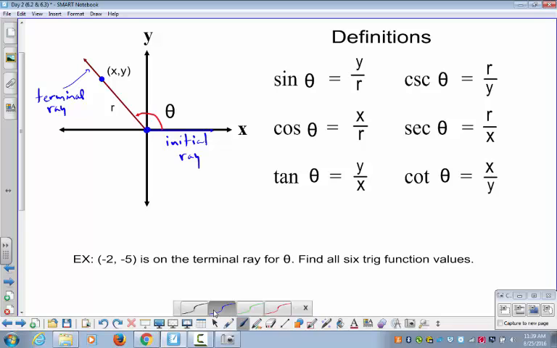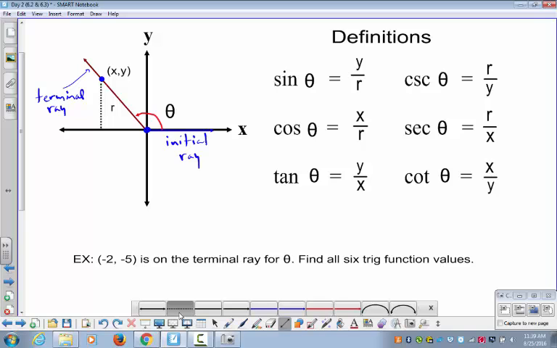So we are defining sine to be the y-coordinate divided by the radial distance. In this picture, the y-coordinate is a positive number, and that positive number divided by that radius is going to be sine.